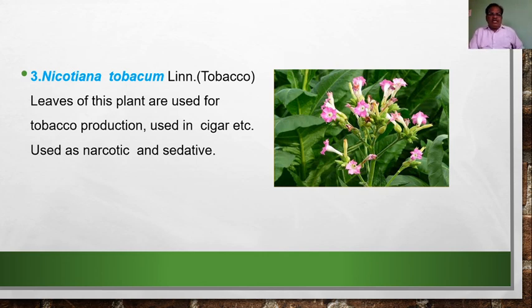So leaves of this plant are used for making tobacco, and this tobacco is used in cigars, and as a narcotic and sedative. Sedative means what? It gives relief in the brain, and human beings go towards a sleepy mood. So it is known as sedative.